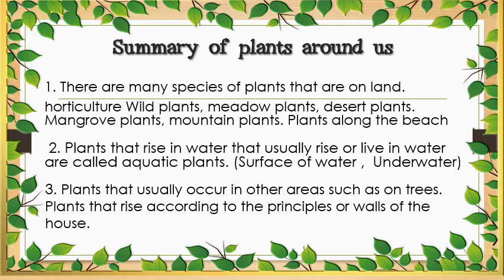Number three, plants that usually occur in other areas, such as on trees, or on the walls of the house.